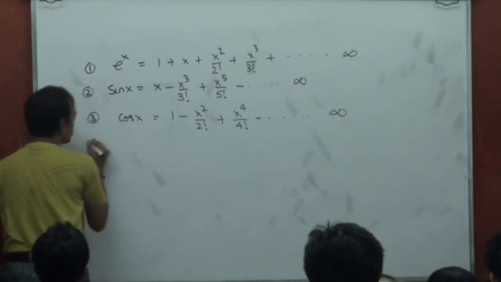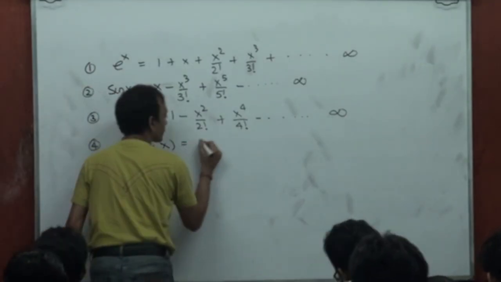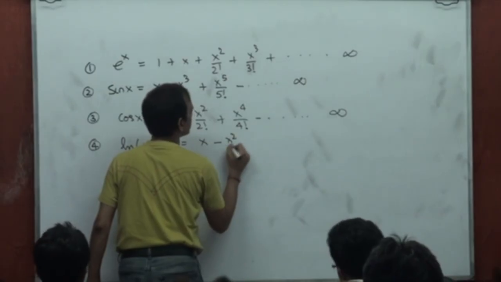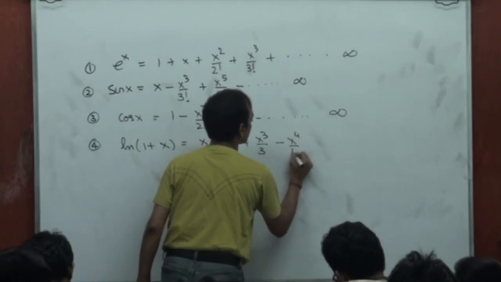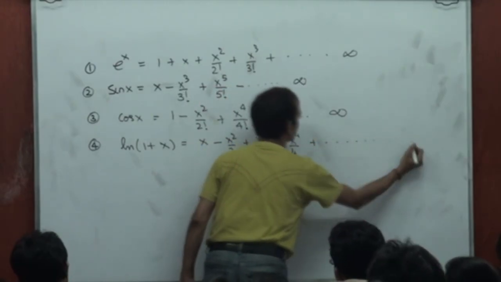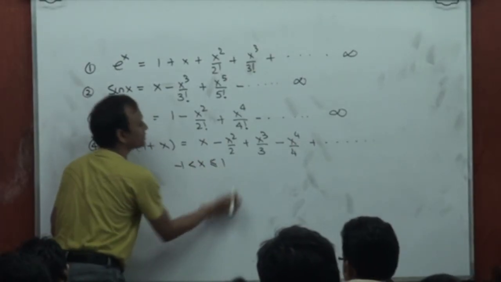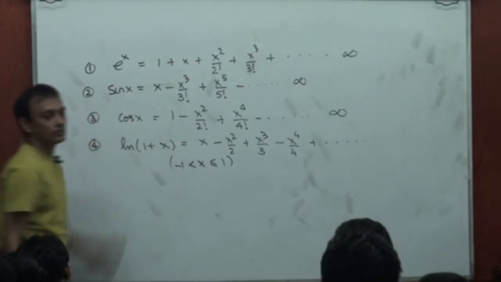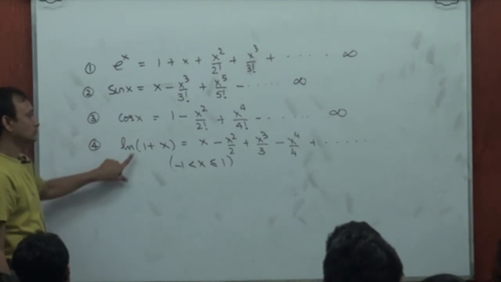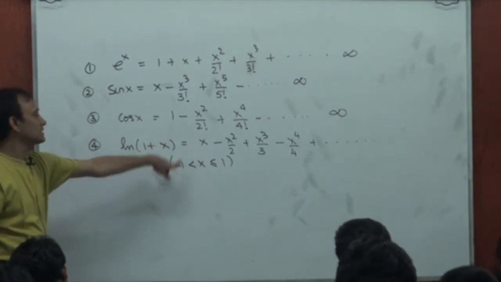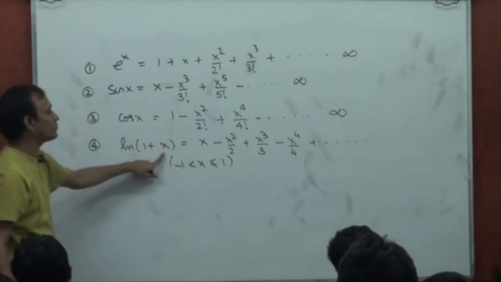You have the logarithmic function ln(1 plus x), an important series, for x greater than minus 1 and less than or equal to 1, it converges to this value, log of 1 plus x.